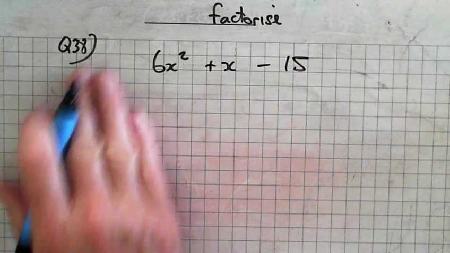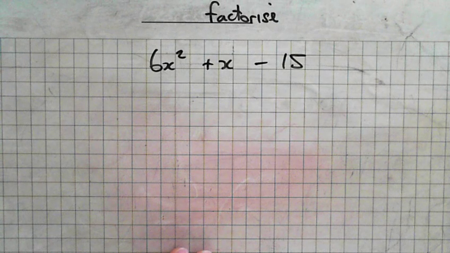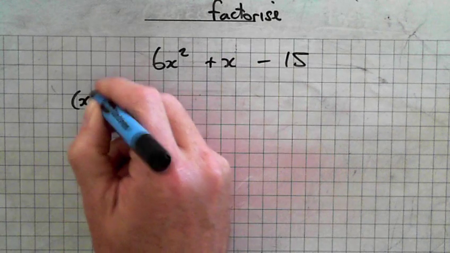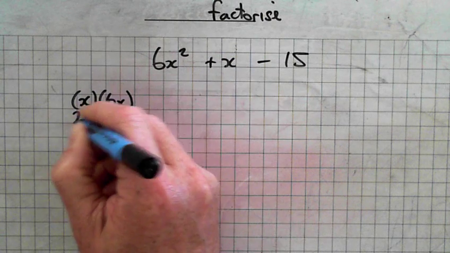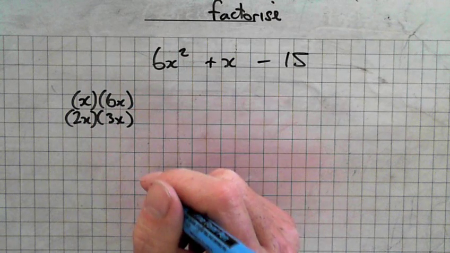Alright, so first of all we have to write out all the factors. Question 38, let's work that out for a second. Looking up. Factors of 6x squared: x times 6x and 2x times 3x.